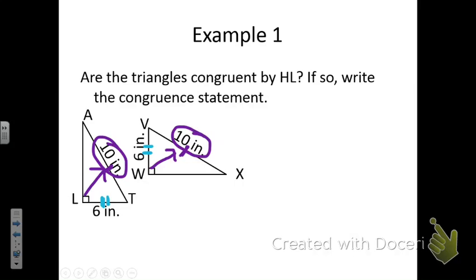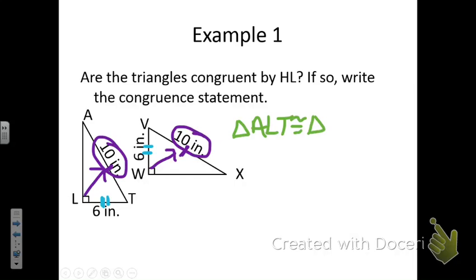Now it wants me to write the triangle congruent statement. Remember with the first one you can write it any way that you want, so I'm just going to call the first one ALT. The second one is XWV. Good. When I name the second one, we've got to line up our pieces. So A is between the side that we don't have a measurement for, and the hypotenuse.